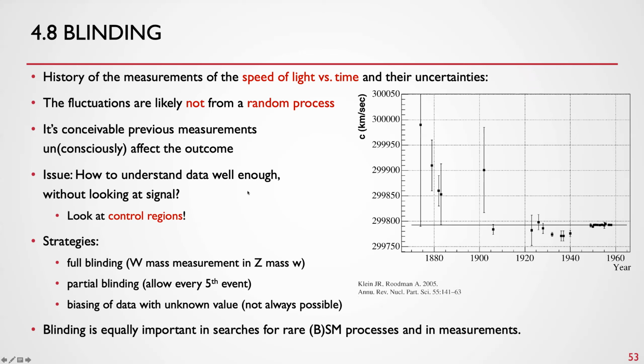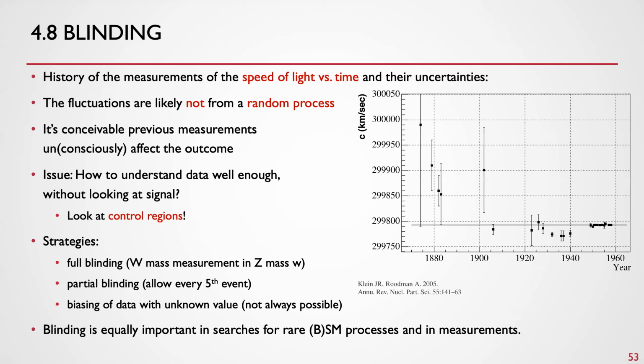So there are several strategies to deal with this. One can do a full blinding. One can just never look at the data. One can do a partial blinding. That's for analyses that are systematically limited. If they're systematically limited, you can partially unblind so that you are still statistically limited.